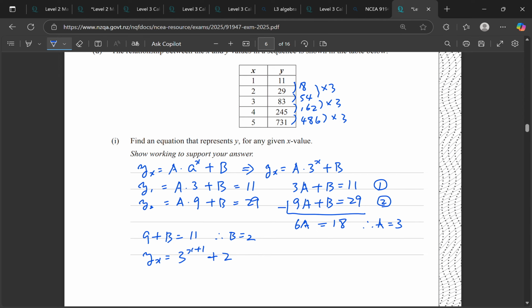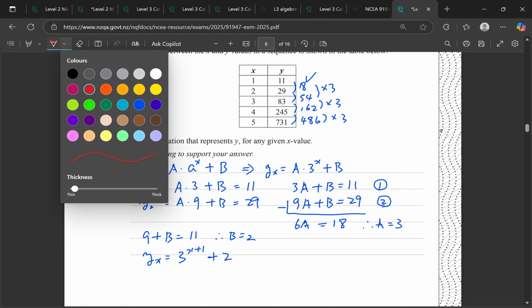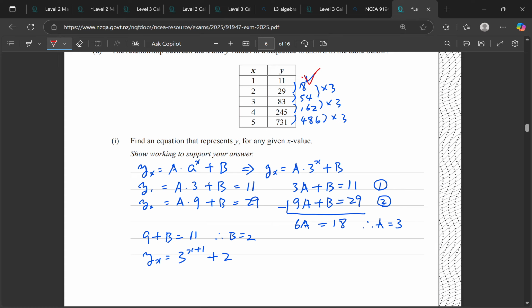And then what? We have to test whether it works. So when x is 1, 3 squared, 9 plus 2, 11. Very good. I'm going to use red. So the first one worked. And the second one, when I plug 2 into x, 3 cubed, which is 27, plus 2, which is 29. It works.